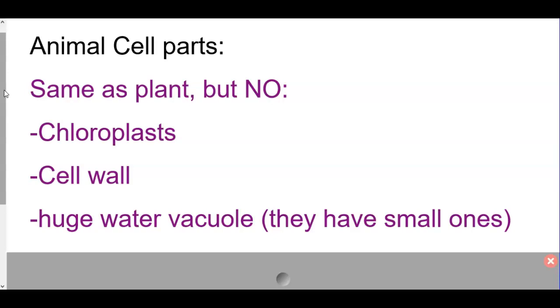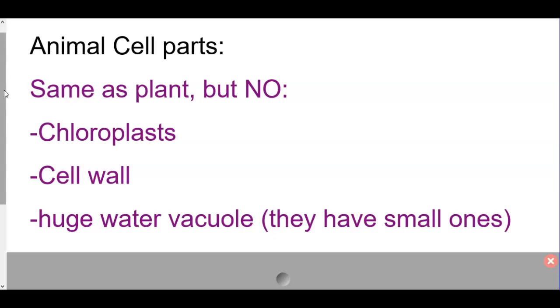Traditionally in class, we would spend a day drawing an animal cell, but due to time, we are going to skip that this time around, okay? But we do want you to know the differences between plant and animal cells. If you see a picture of one, can you identify it as being different, as something else?